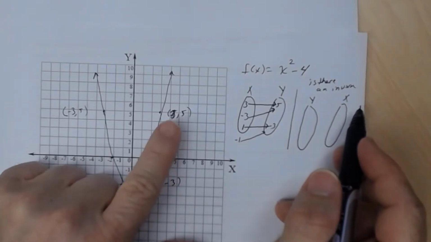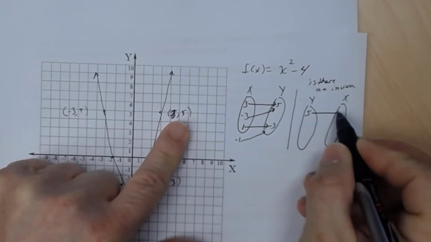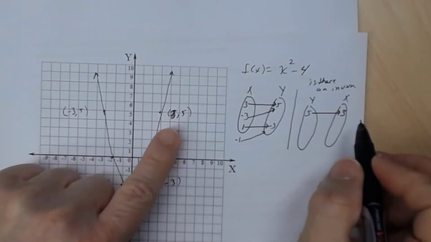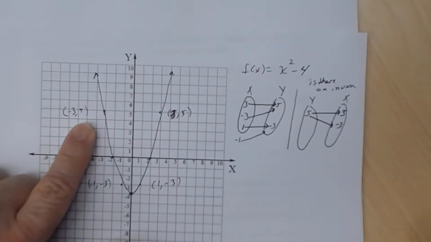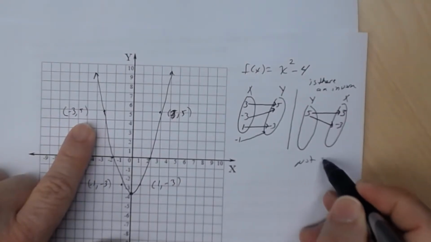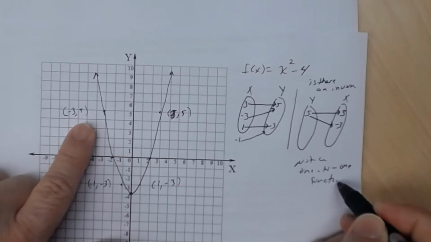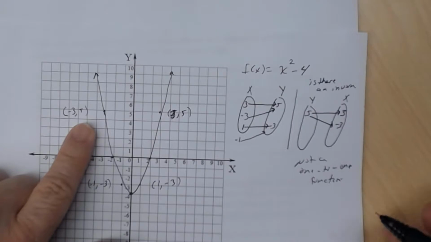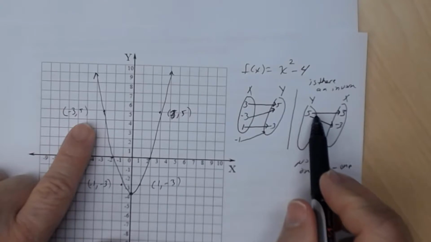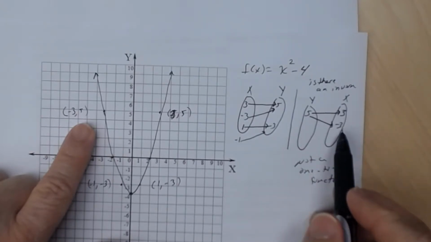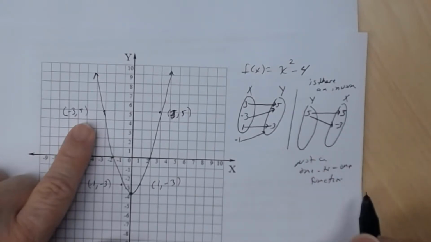So when y is 5, I have an x value of 3. When y is 5, I also have an x value of -3. So right away, I can tell that this is not a one-to-one function, because it fails the definition. A one-to-one function says that for each y coordinate, there's exactly one x coordinate. So this is not a one-to-one function.